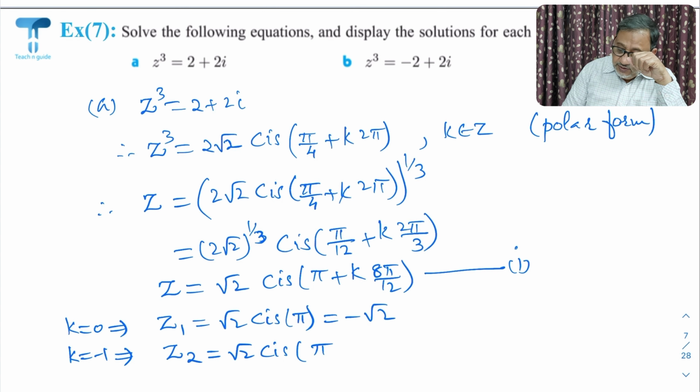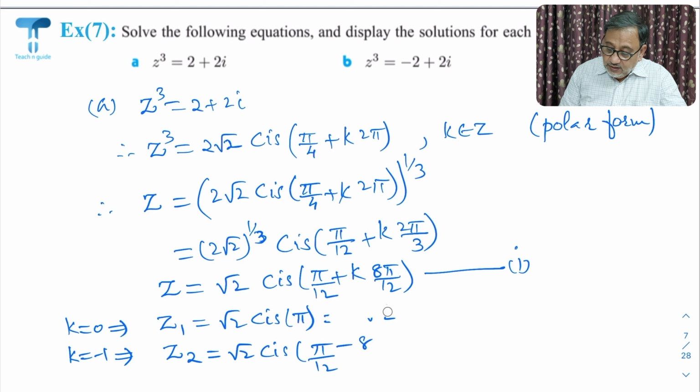So z2 will be root 2 cis pi, and in 1 I will replace k by minus 1. So minus 8 pi by, sorry, this is pi by 12. Here I have to replace, okay, and here, sorry, I forgot to write 12. Oh, this was 12 also, sorry. This was also 12, because I copied it wrong.